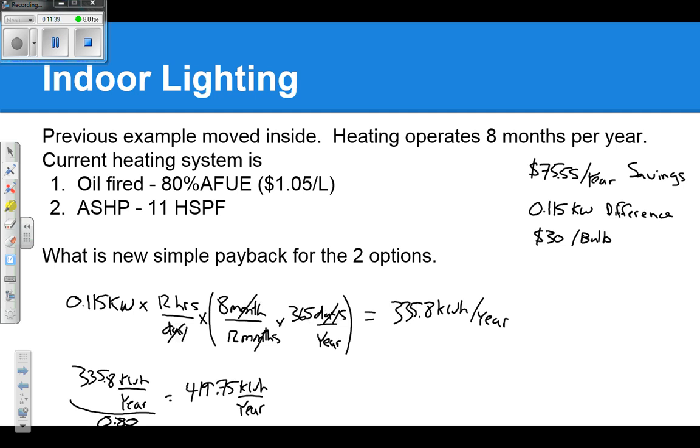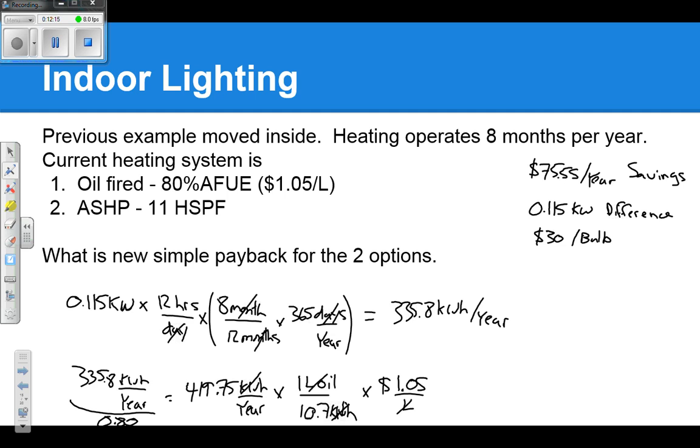Now I just need to convert this to liters of oil and multiply by my price. So it's times 1 liter of oil divided by 10.7 kWh, and then times my price, which is 1.05 per liter. I'm going to cross out some units here: the kilowatt hours and the liters of oil.